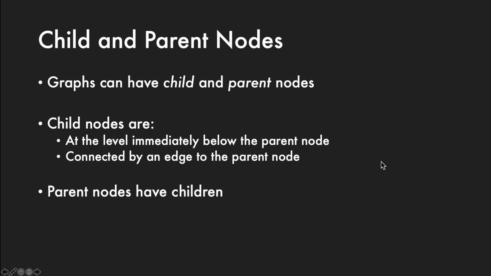Now, graphs have child and parent nodes. Child nodes are at the level immediately below the parent node and are connected by an edge to the parent node, and parent nodes have children.